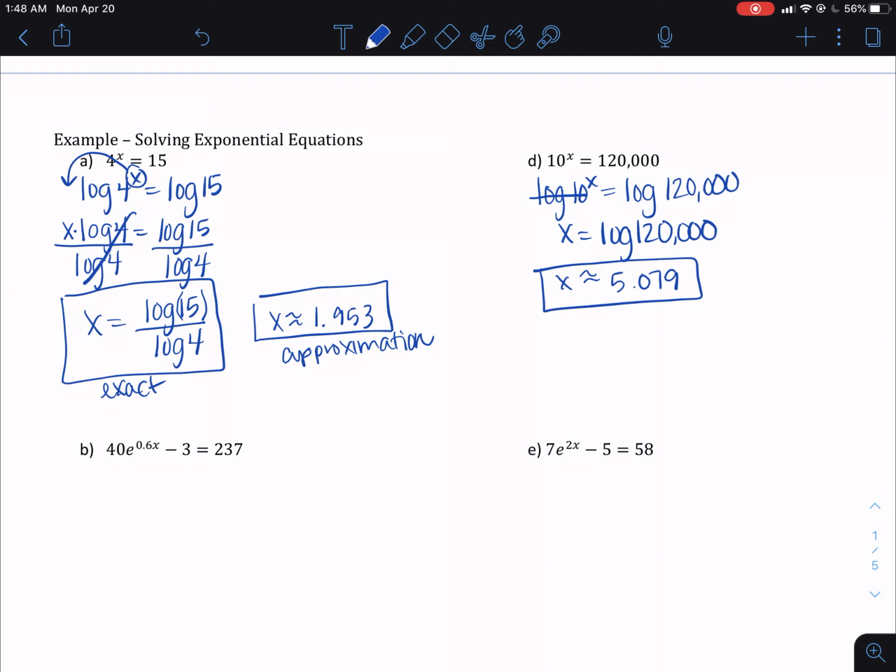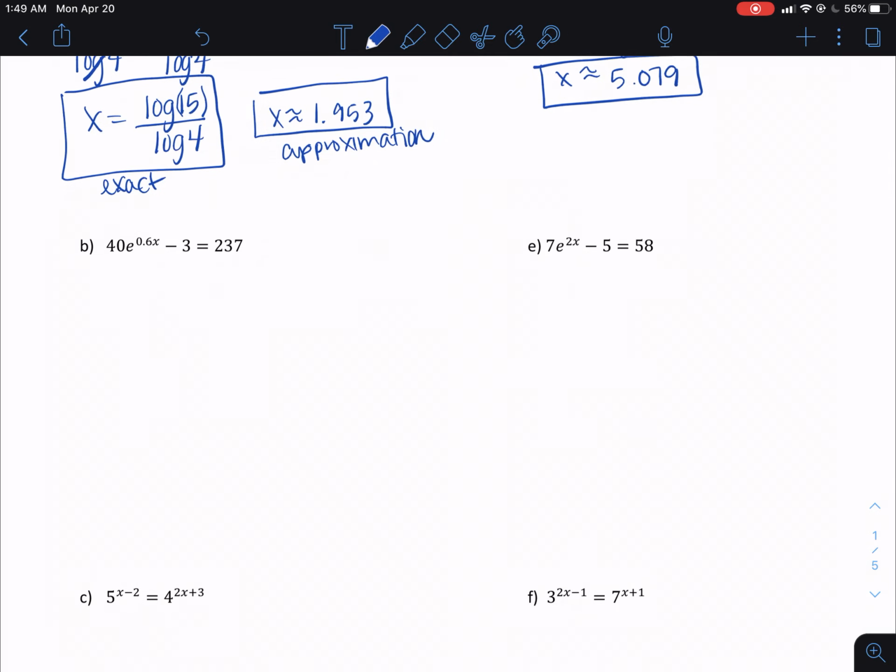Alright, looking at B. So 40 times e to the 0.6x minus 3 equals 237. The first thing we always want to do is make sure we're getting anything that has our base and our exponent completely by itself. So here that means this e to the 0.6x power, get that by itself.